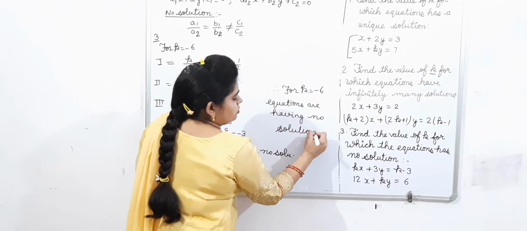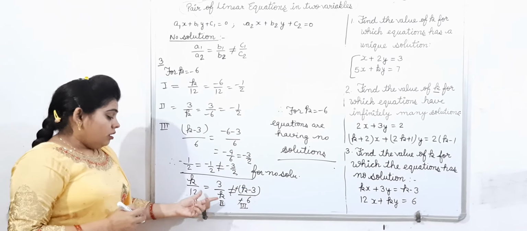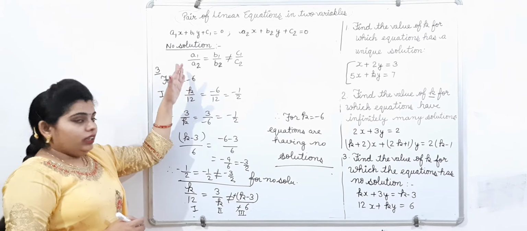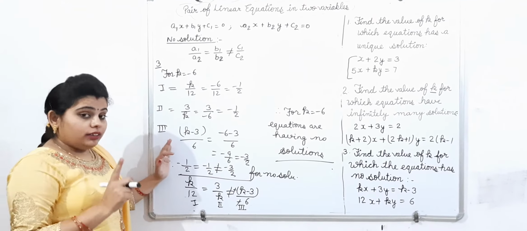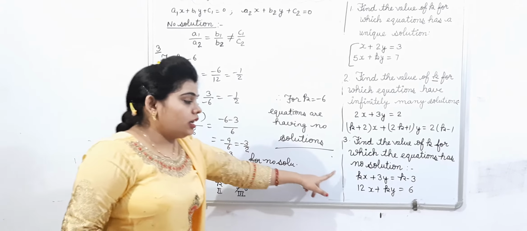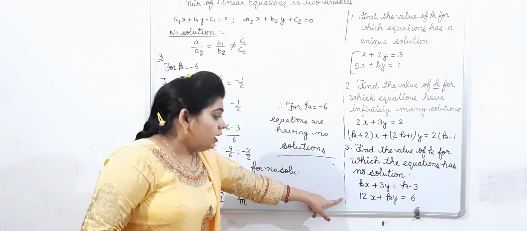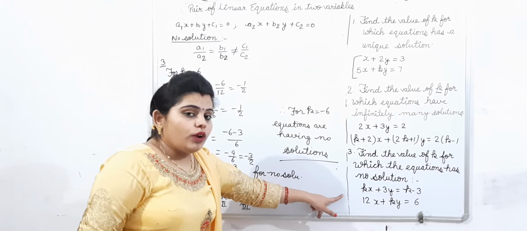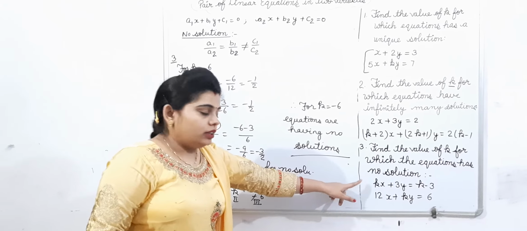This is a very important point. If we solve only up to this and we didn't verify it, then it is not possible to find which value is correct and which is incorrect. That's why we are doing verification in the case of no solution. It is very important to do verification in this type of question.